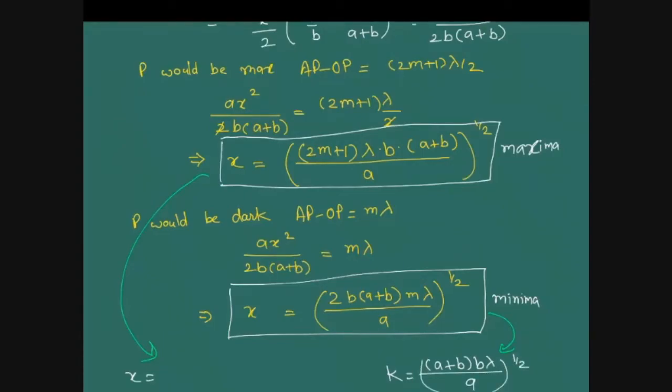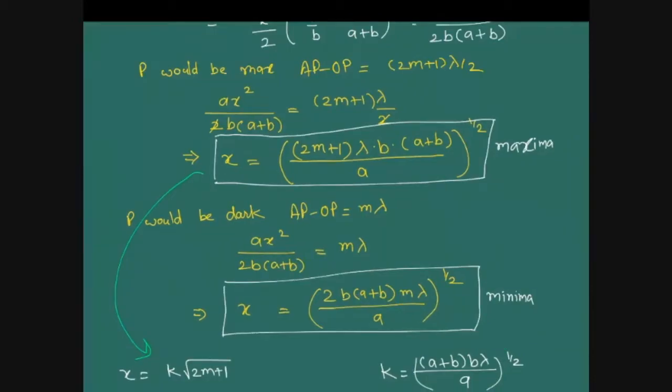So I can write x as k root of 2m plus 1, and for the dark condition, rest all will remain as it is, it will be k times root of 2m.